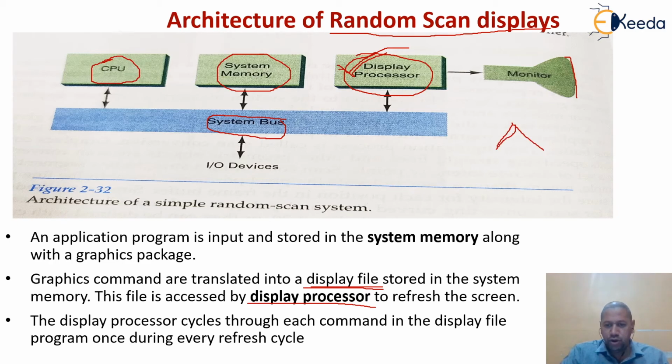This is my first line, this is my second line, this is my third line that I want to display. So my display file in this case has only 3 line commands: line 1, line 2, line 3.